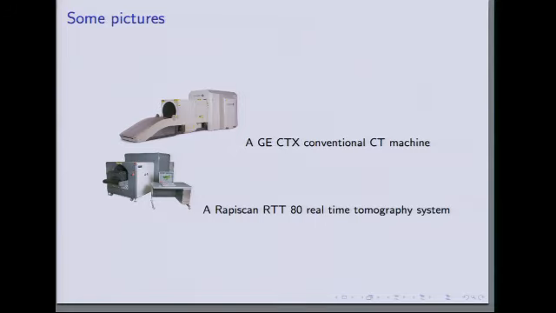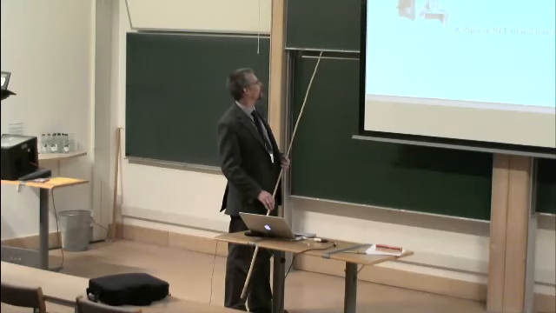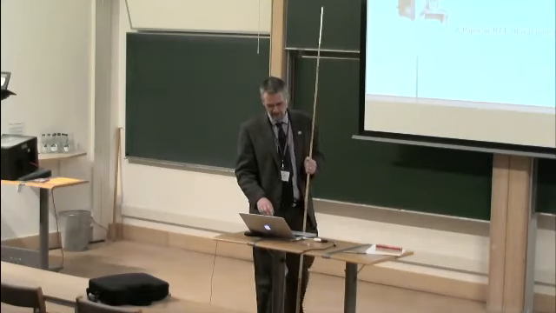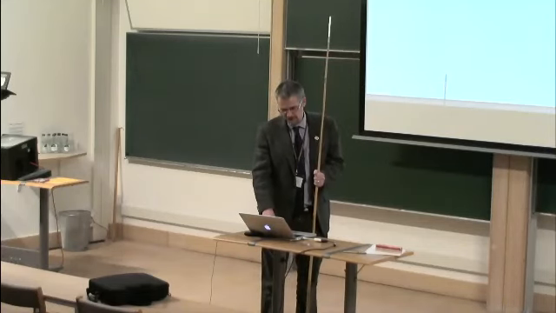That's a sort of GE hospital-style CT machine. Actually, it's got a conventional X-ray radiograph machine there, and then a CT. And this is the Rapiscan RTT80, of which there are production prototypes at the moment. But I'll tell you a story later. There's a picture of a bag on the screen. It does work. But so why is it so different?